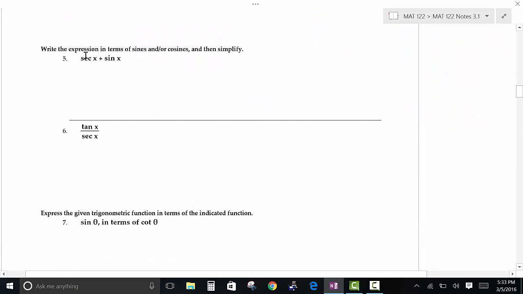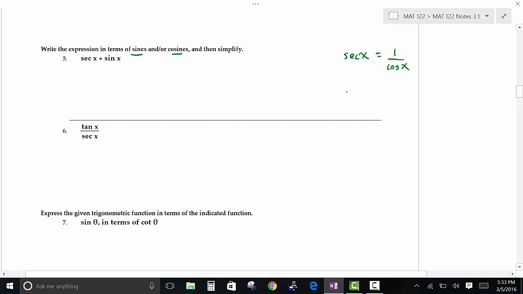Okay, now what we're going to do next is use some of these identities to derive and simplify expressions. So this problem says write the expression in terms of sines and cosines. So we're going to do a couple of substitutions on this. First of all, we know that the secant of x is equal to 1 over the cosine of x. That's a reciprocal identity.